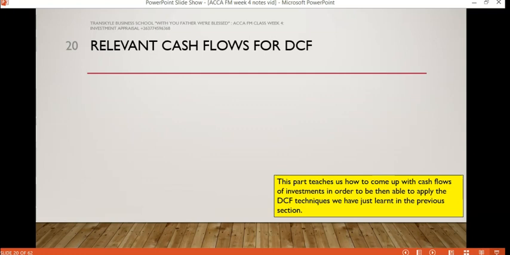I'm sure you still remember from your previous management accounting or performance management studies that relevant cash flows are those cash flows which are going to be incurred in the future or which are incremental or extra. With that background, we understand that non-cash flows are irrelevant. For example, depreciation or amortization are non-cash flows.